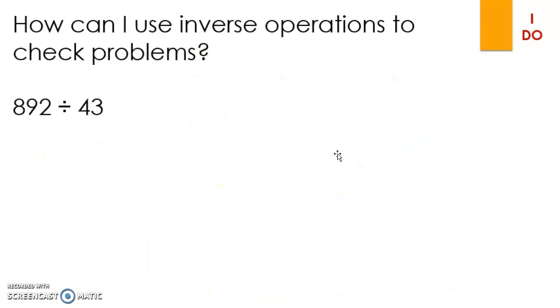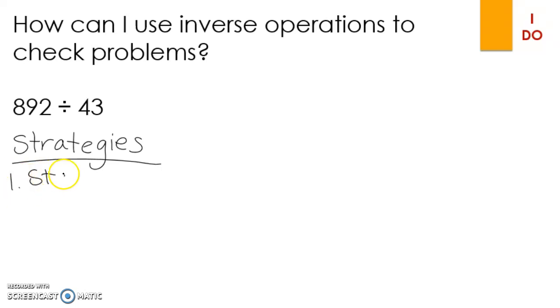Here's a problem that you recognize. We've learned 3 different ways, or multiple ways, to strategize problem solving. Now, I know you're saying, well, you wrote strategies. Yes, we're going to list them as strategies. So one of the ways is the standard algorithm.